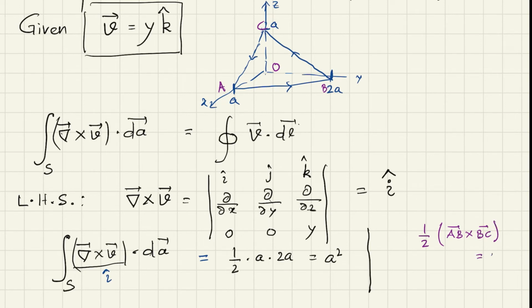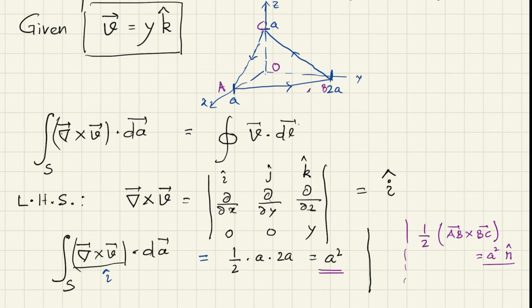That will also give a squared, with a vector in the direction of i. You could alternatively do this, but in this case it is simple to get that this integral on the LHS is a squared. Now let's go to the RHS, that is the integral of v dot dl, and there are three paths.